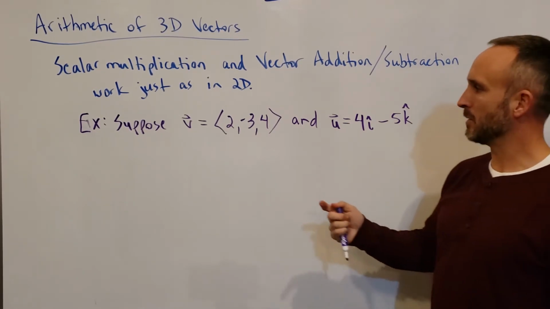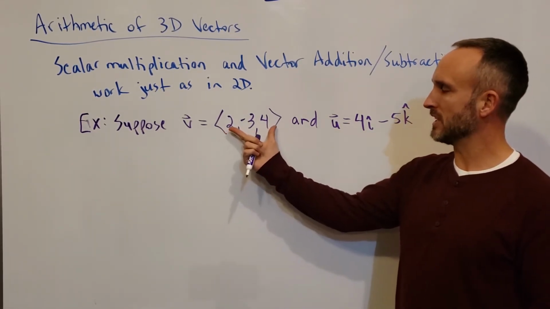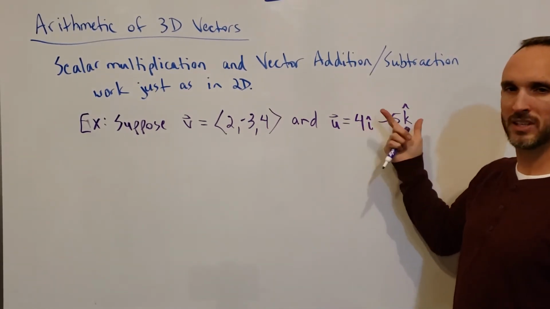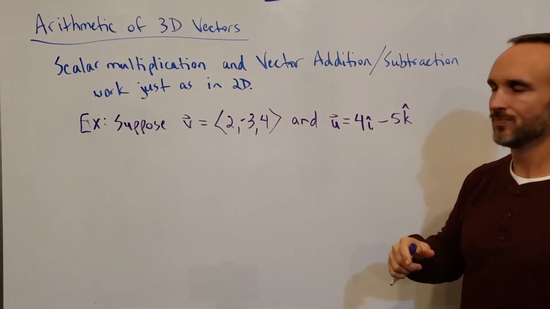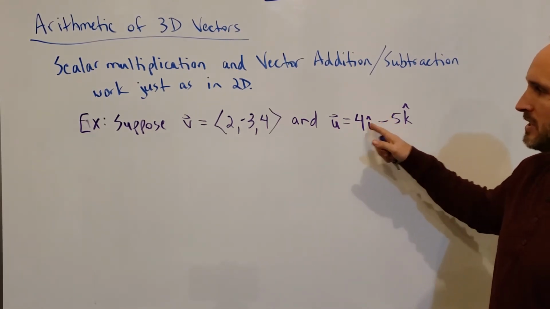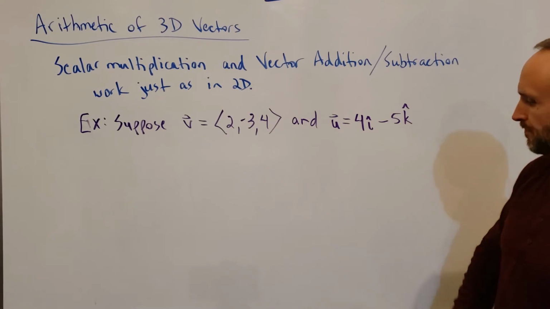So I've made a point here to write one vector using component form and angle brackets, and the other vector in component form using the unit vectors i and k. Note that there's no j component here, so that just means you have a 0 middle component.